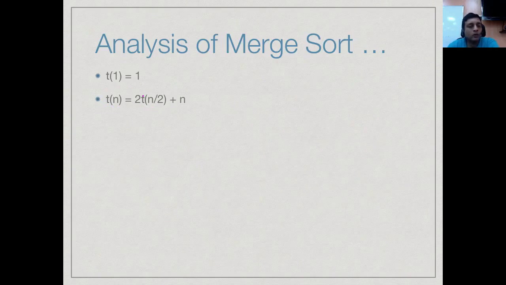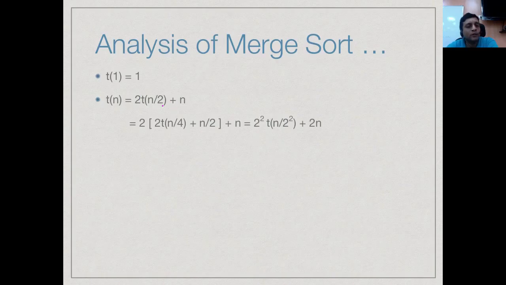So now we can use the same equation to expand t of n by 2. If we expand t of n by 2, then we find that t of n by 2 becomes 2 times t of n by 4 plus n by 2, because I take whatever is here, divide by 2, so n by 2 becomes n by 4, and I take whatever is here and plug it in here, so n by 2 comes in. Now if I expand this out carefully, then this 2 and this 2, rather than write it as 4, I will write it as 2 squared.